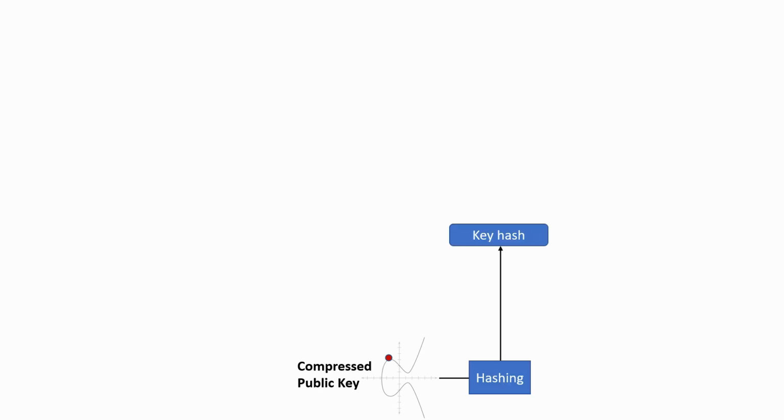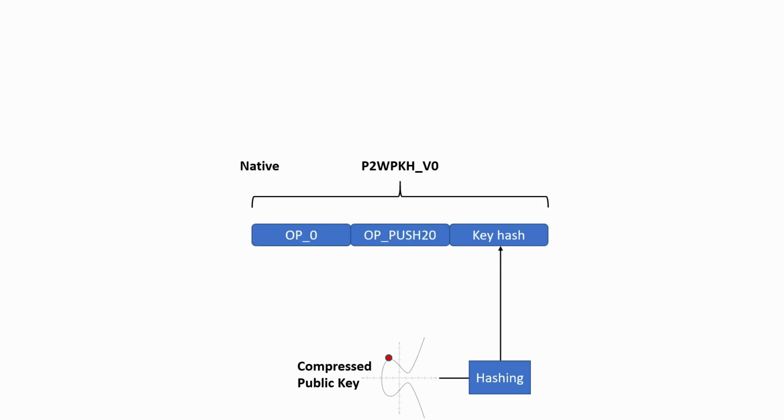We then took this compressed public key and we hashed it. And we got our key hash. Then we took our key hash and we placed it inside of a pay-to-witness public key hash version 0 script. This script is the native Segwit script.